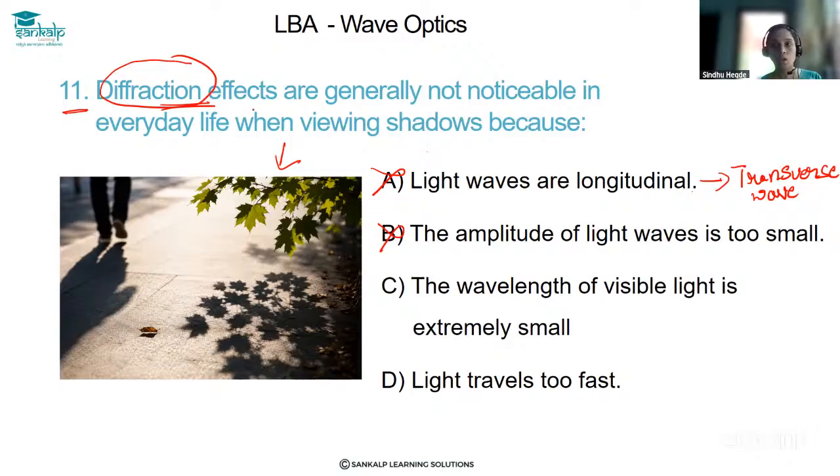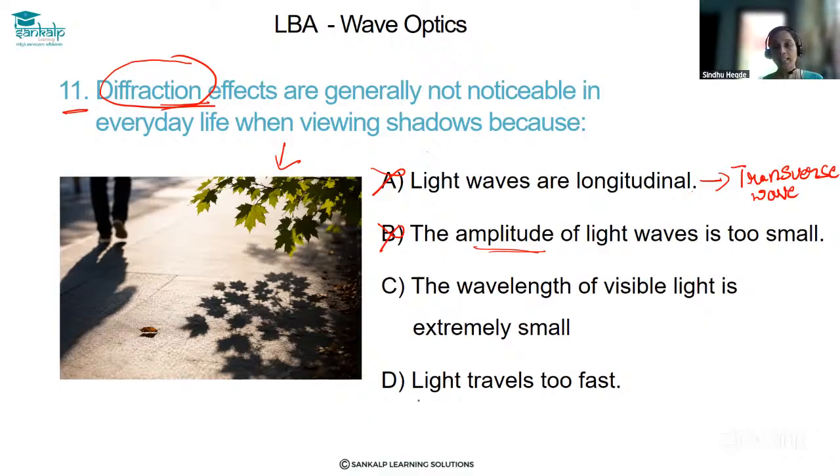As we know, diffraction is nothing but bending of light on the obstacle or spread out of light on the obstacle. That is called diffraction. Amplitude of light does not dictate the physical bending of wave. It tells about the brightness. So option B is also wrong.